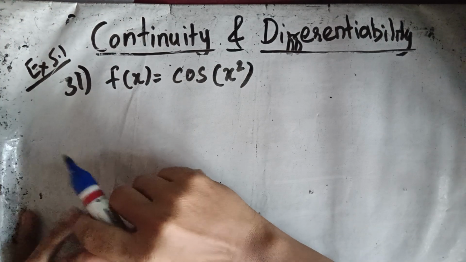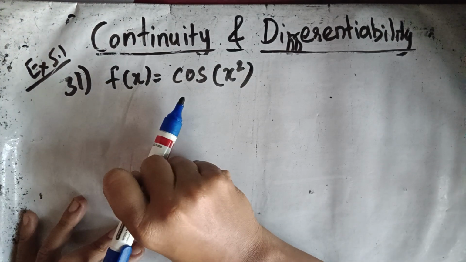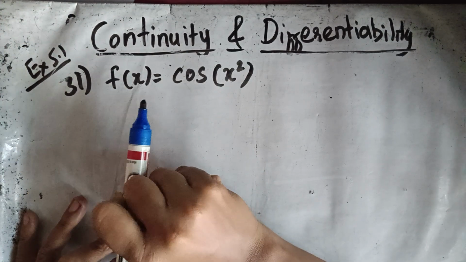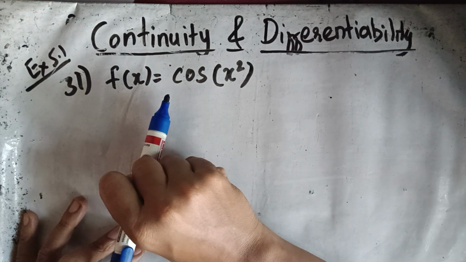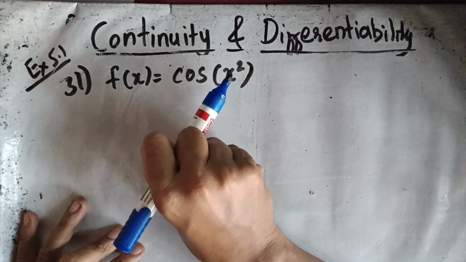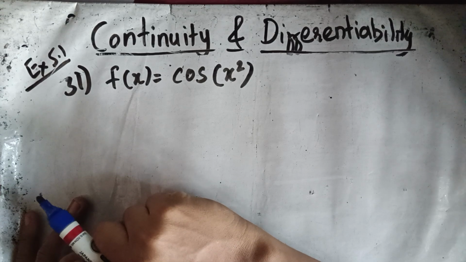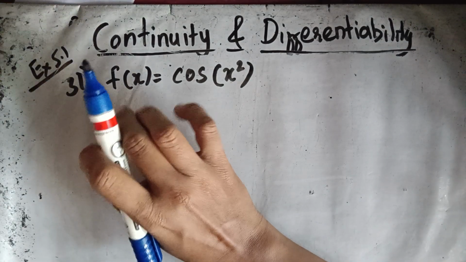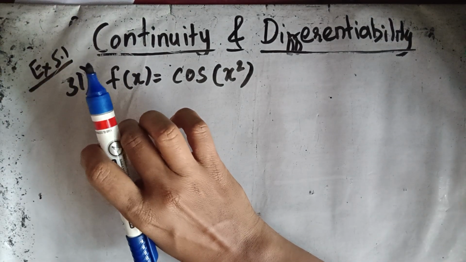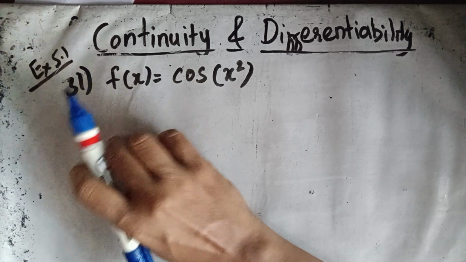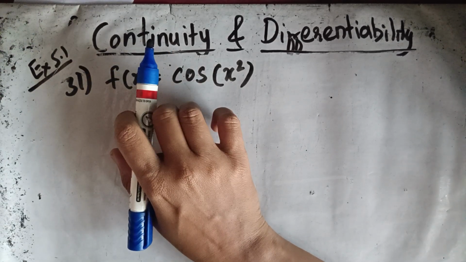Next question, you have to show that f of x equal to cos x square is a continuous function. Now here the angle is x square. In the last video we have shown that cos of x is continuous, correct?